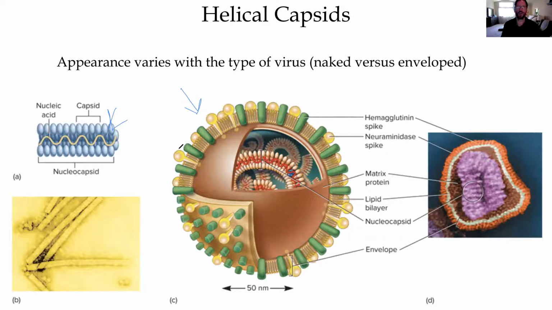The structure is going to be a little bit different depending on whether or not it's inside that envelope. I'm guessing this must be influenza because it has the hemagglutinin spike and the neuraminidase spike, and that's where we get the name H1N1 or H1N5 or H1N9 and so on. It's the type of spike that it comes from, the strain.